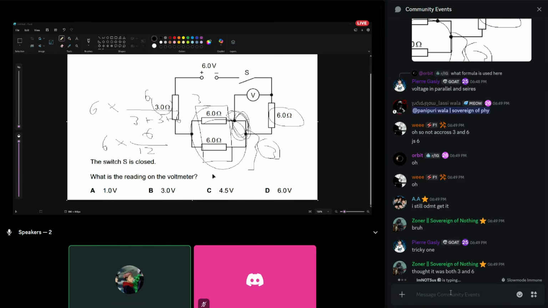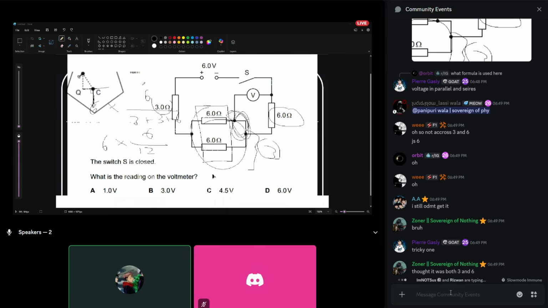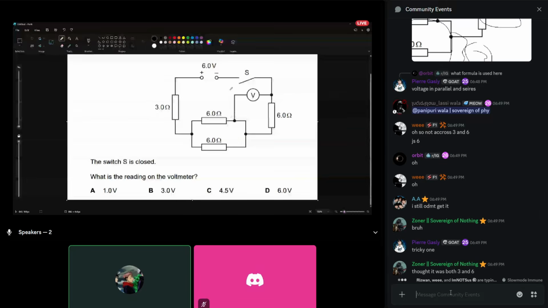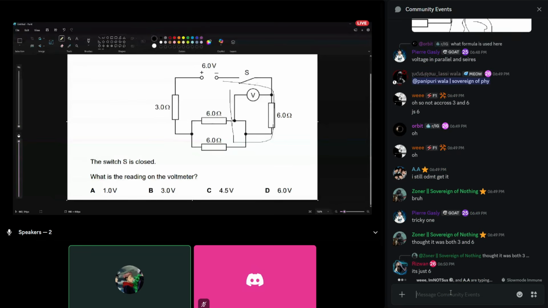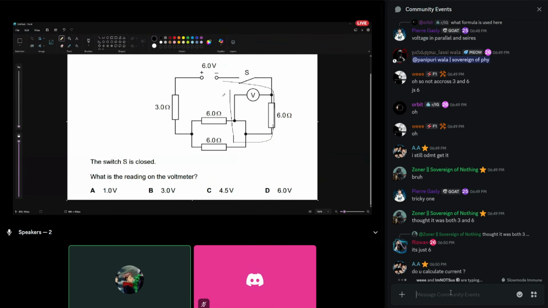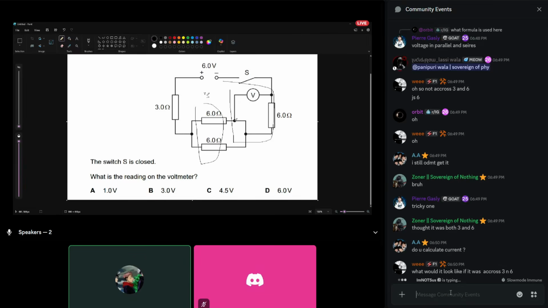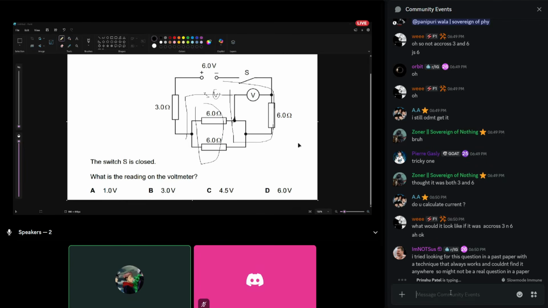We are only considering it here. If it were across both this 3 and 6, the node would be something like this, with the voltmeter here. That's not what it is.